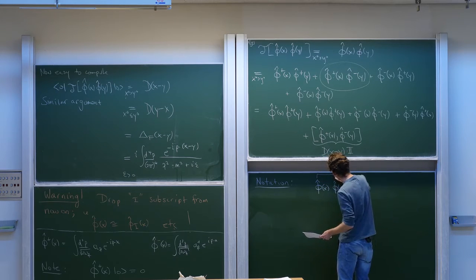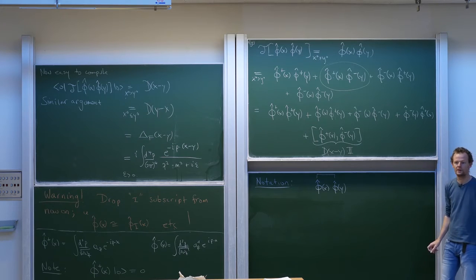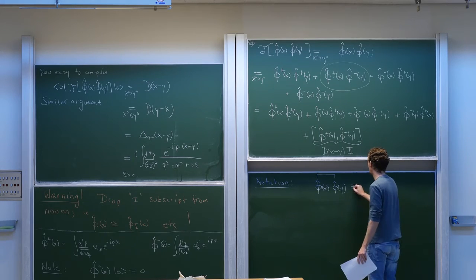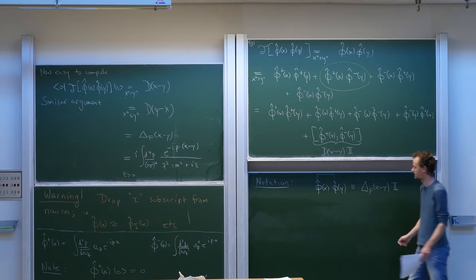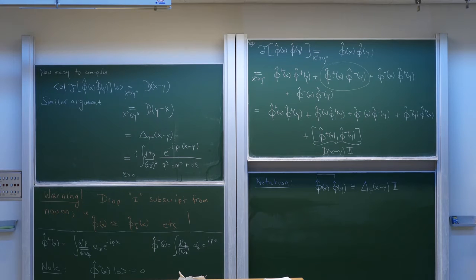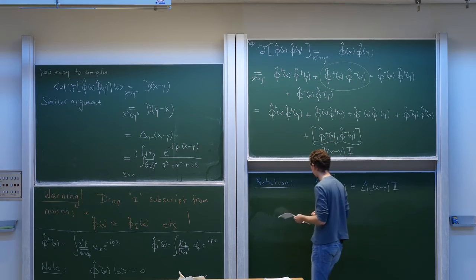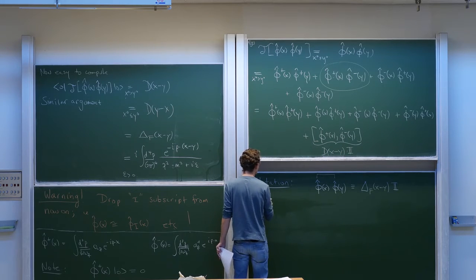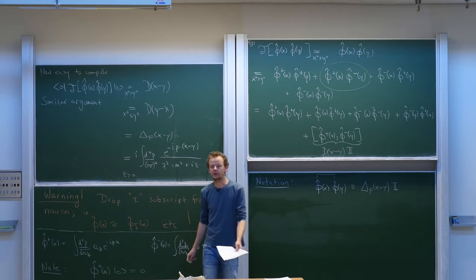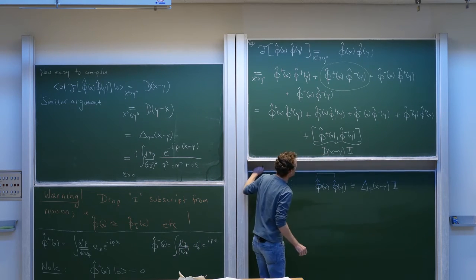Whenever you see an expression like this, two field operators with a line above it, that's also going to be understood to mean that. And this notation extends to situations where there's operators in between these operators.